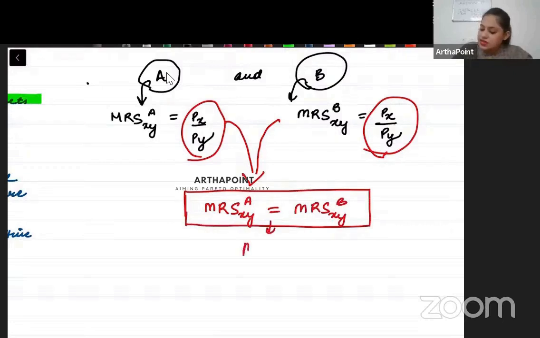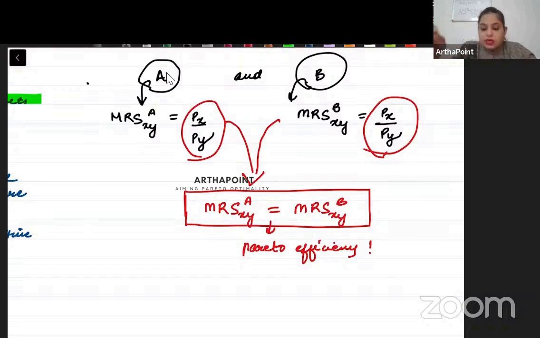But isn't this the condition of Pareto efficiency? So we started with the condition of having competitive equilibrium, and we were able to reach the condition of Pareto efficiency. This implies that if you have competitive equilibrium, then you will definitely have Pareto efficiency.